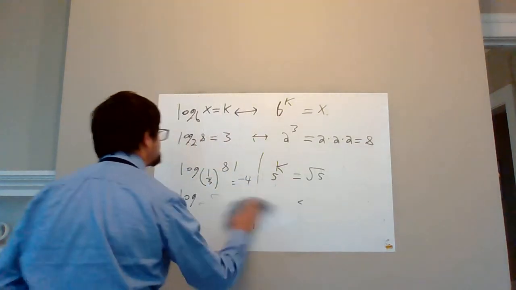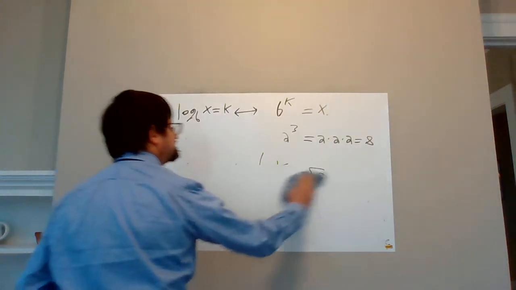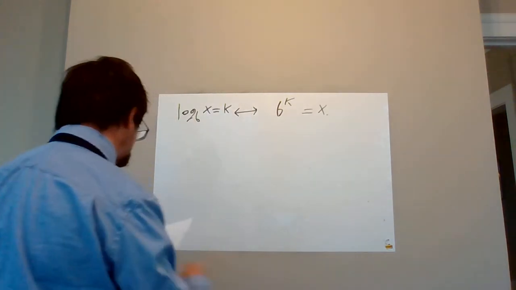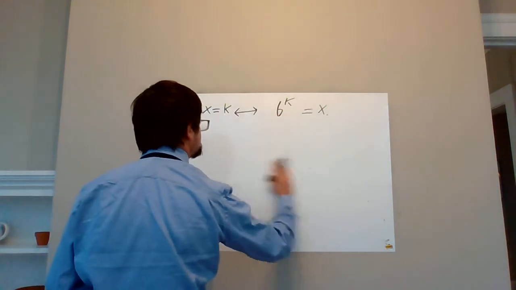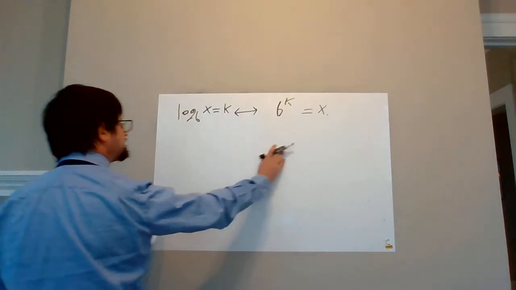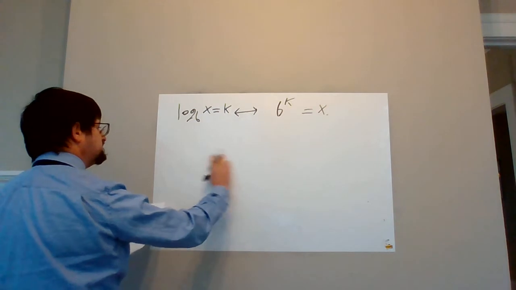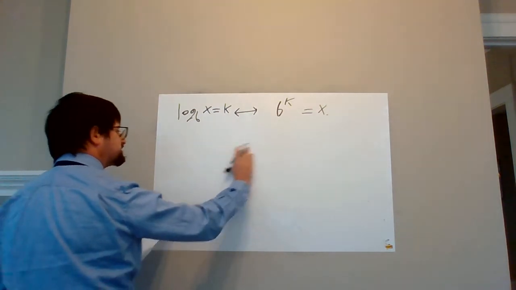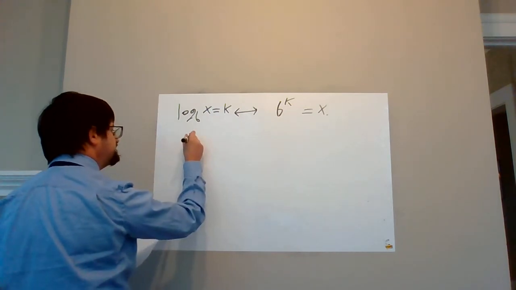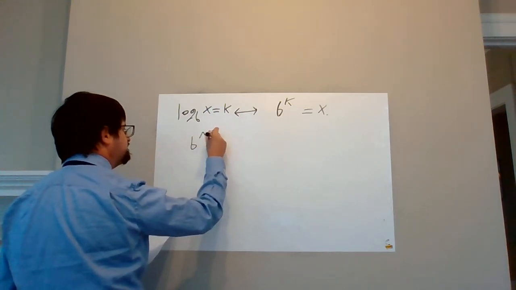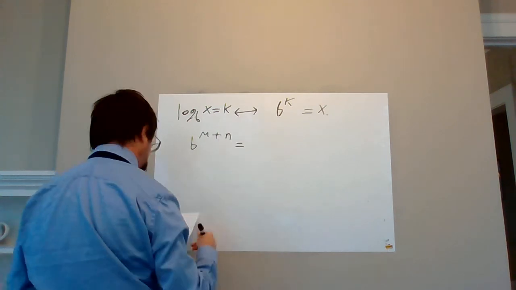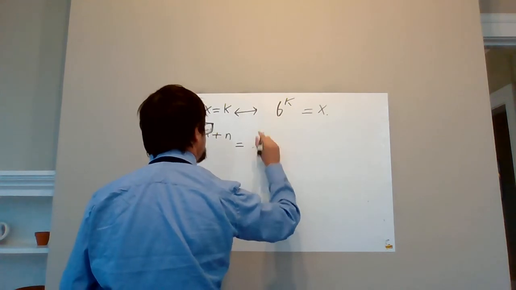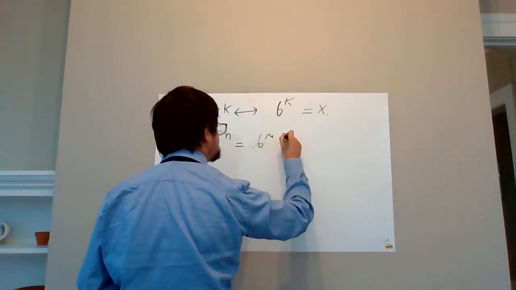I'm going to erase. So one of our rules for exponentials, I'm going to rewrite it a little differently than we normally write it, because we're using b as our base, so I'm going to try to be consistent with that. So I'm going to write b to the m plus n equals b to the m times b to the n.